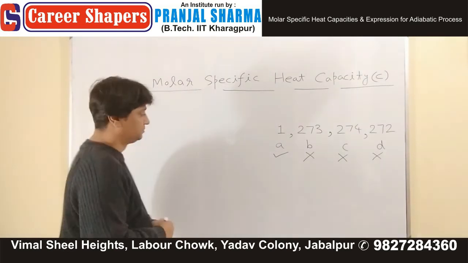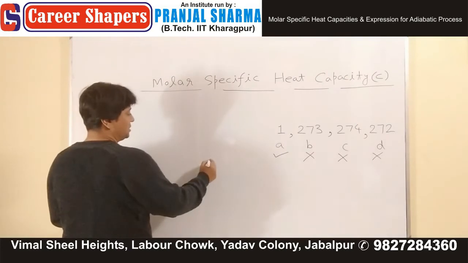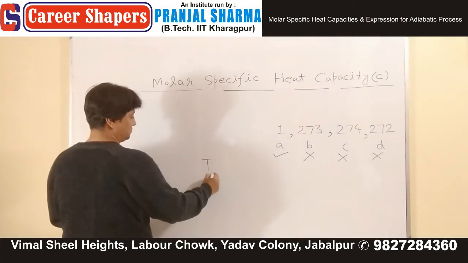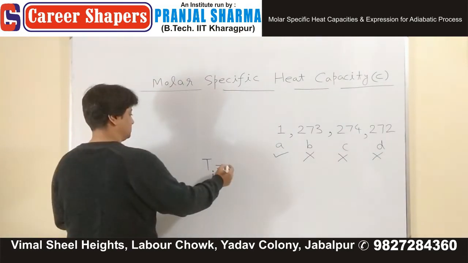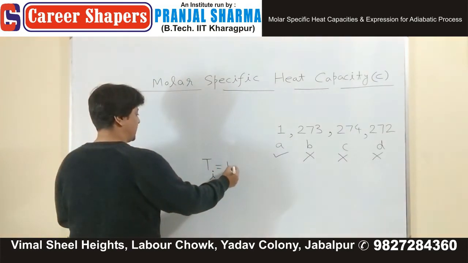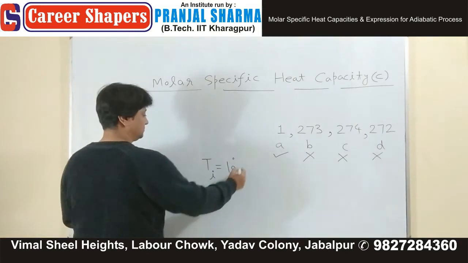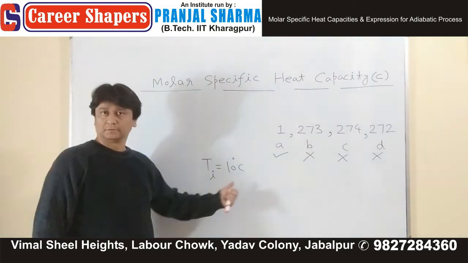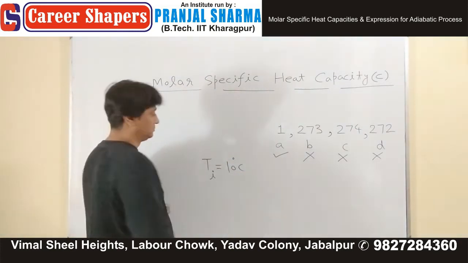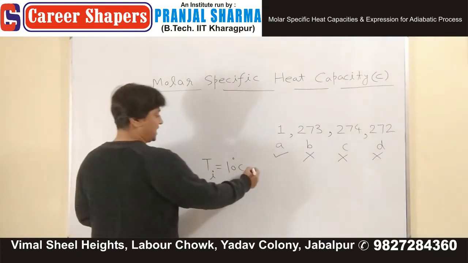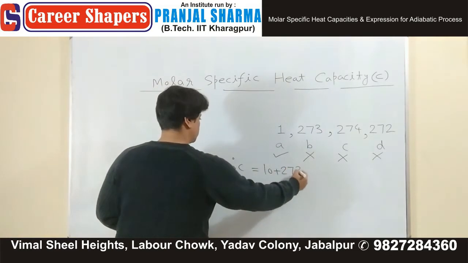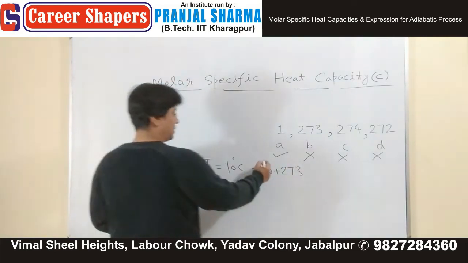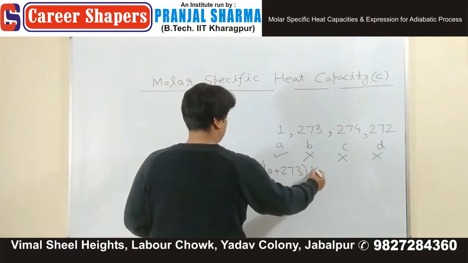Now look here. Suppose the initial temperature is 10 degrees Celsius. What is that in Kelvin? Everybody knows, 10 plus 273 Kelvin.